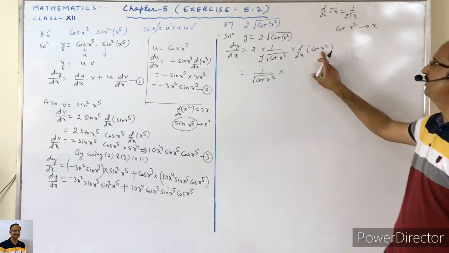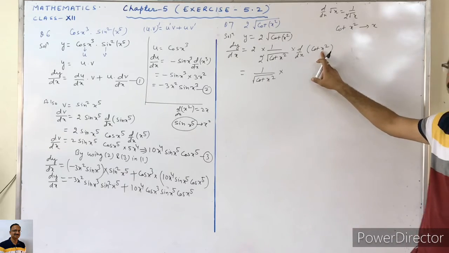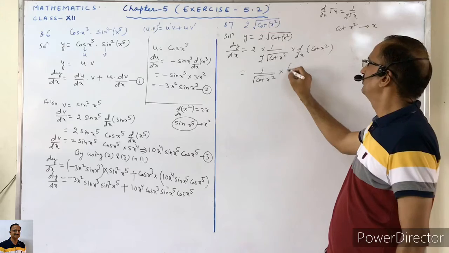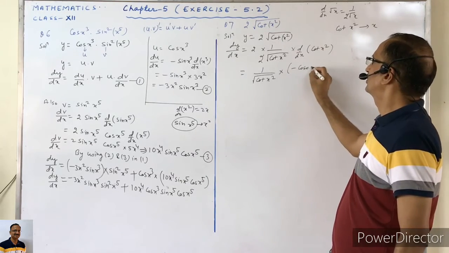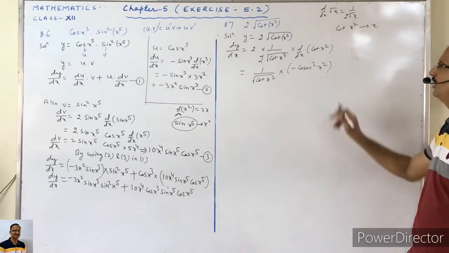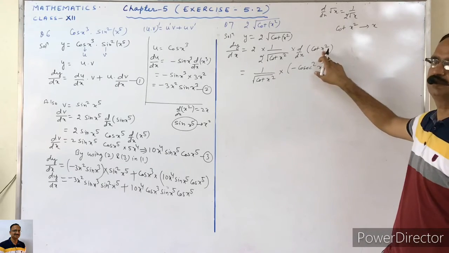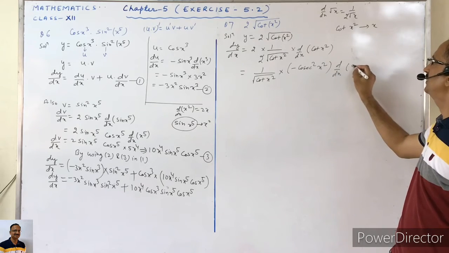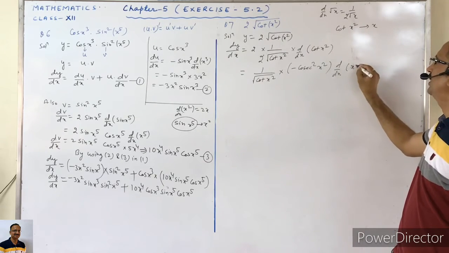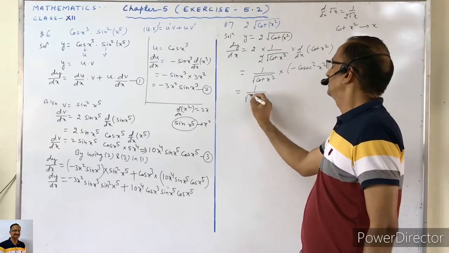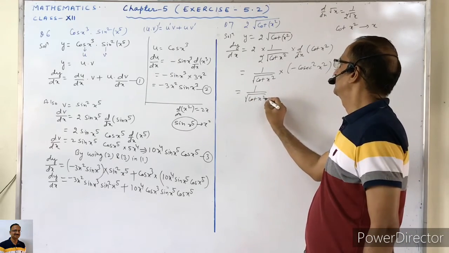Now for time being, let us suppose that this x square is x. So the differentiation of cot x is minus cosec square x square. Now this is x square, not x. So we will write the derivative of this in the product, x square. Now further the step is like this.